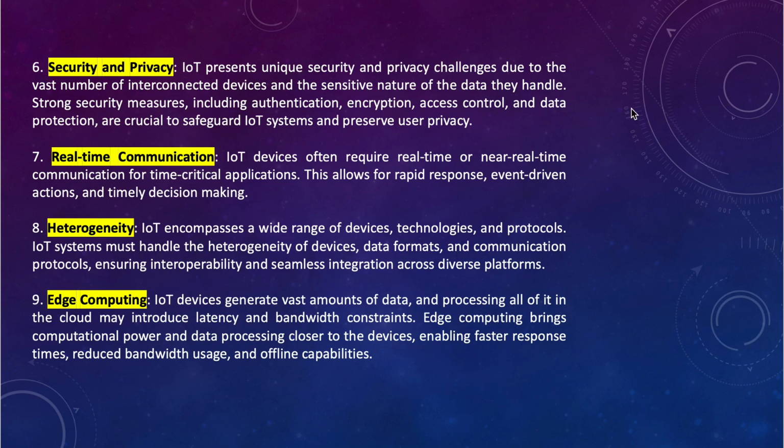So security in general is a very important thing that is being looked into. So strong security measures including authentication, encryption, access control, and data protection, those points are mainly general points when coming into data security.